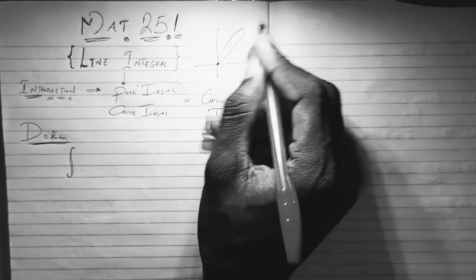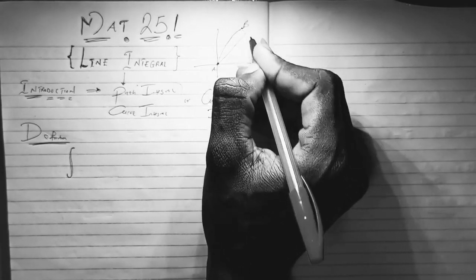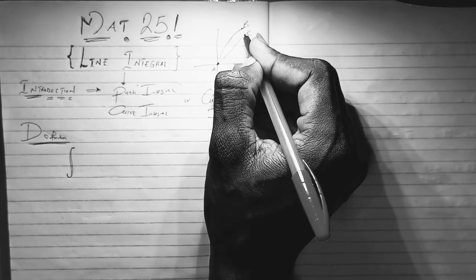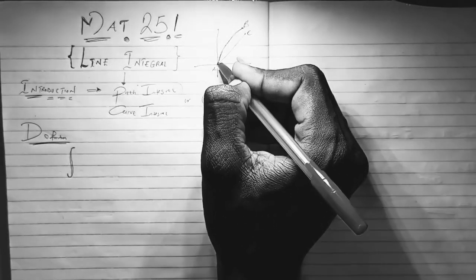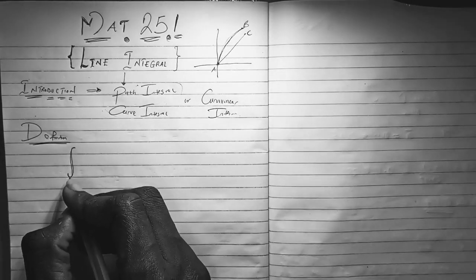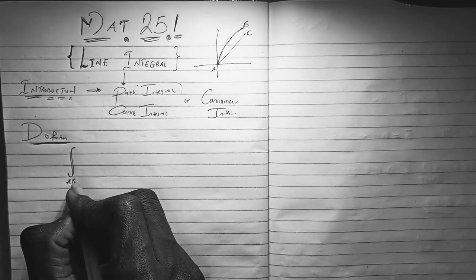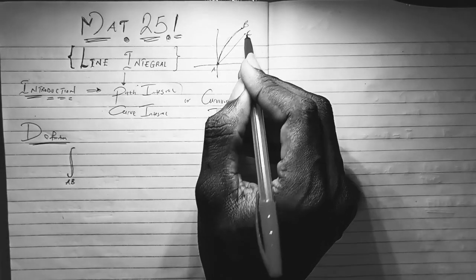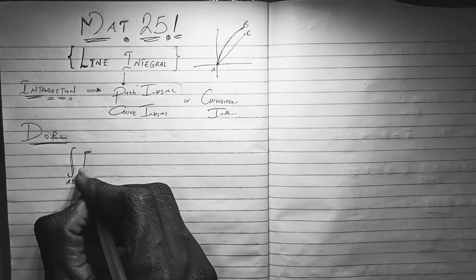I can decide to start from anywhere I want. If this is point A and it ends here, and this is C, no matter how the path goes, I want to calculate the line integral along that curve. So the integral along the path AB, or I consider path AC, is defined as f subscript t ds.